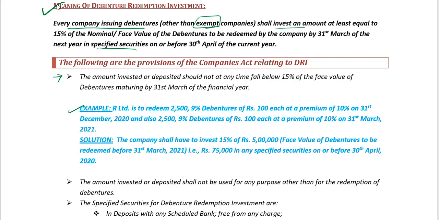This Rs 5 lakh is the face value of the debentures to be redeemed before 31st March 2021: Rs 2,50,000 to be redeemed on 31st December 2020 plus another Rs 2,50,000 to be redeemed on 31st March 2021. Totally, it's Rs 5 lakh. So 15% of 5 lakh, Rs 75,000 has to be invested in specified securities on or before 30th April 2020.